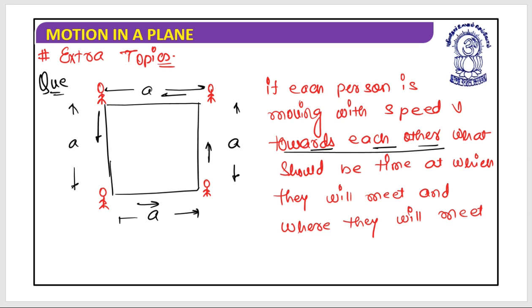So to move towards each other, let's have a look and try to understand this. It is very interesting: when this person is at this position, this person will move in this direction. At that position, this person will be in this direction, so this will move in this.